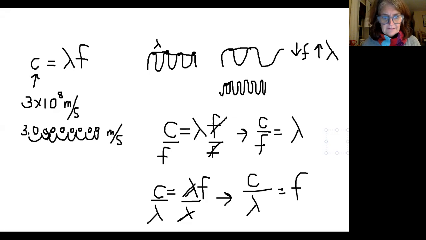All righty. So now let's put what we know. We know that c equals lambda, or our wavelength, times frequency.